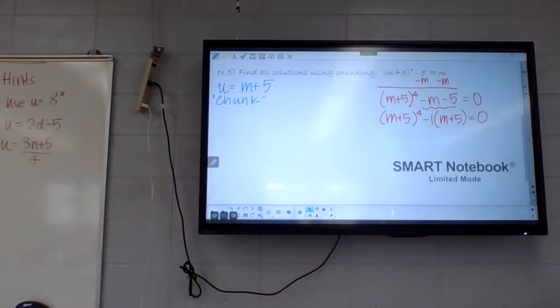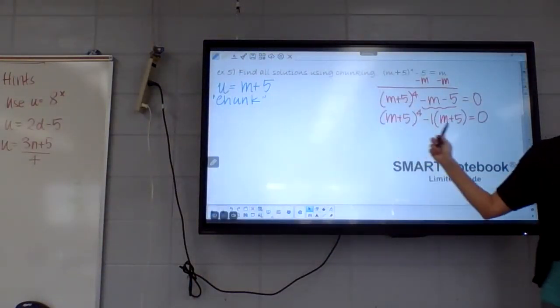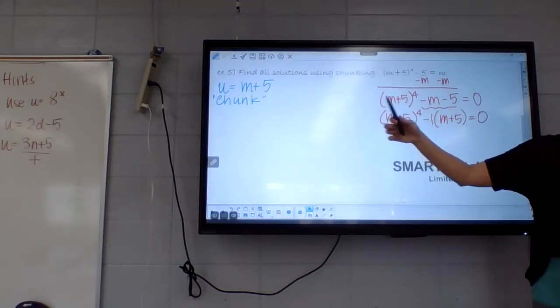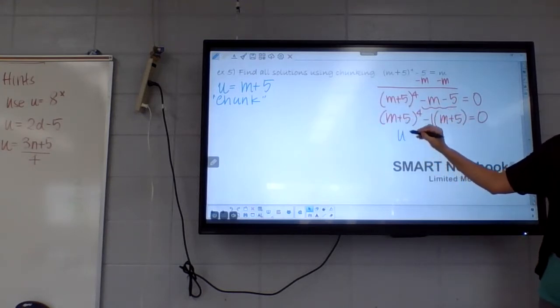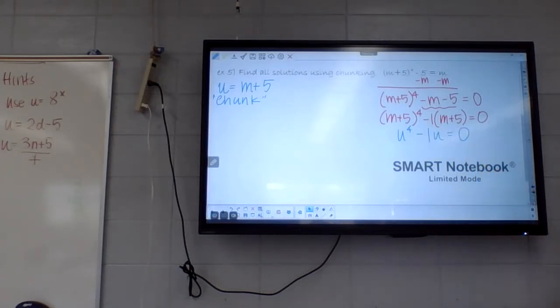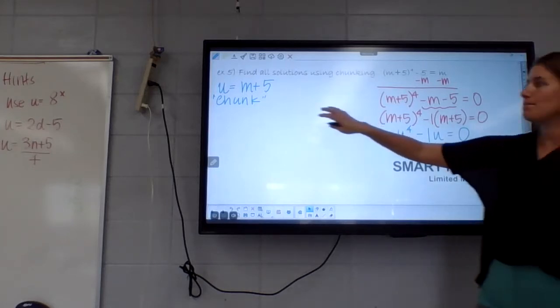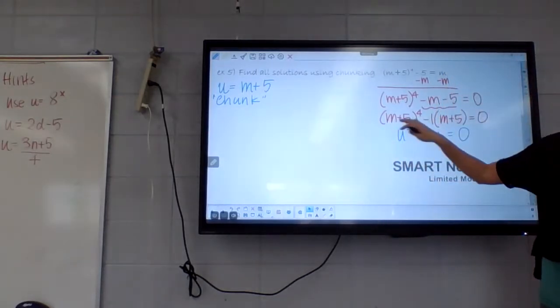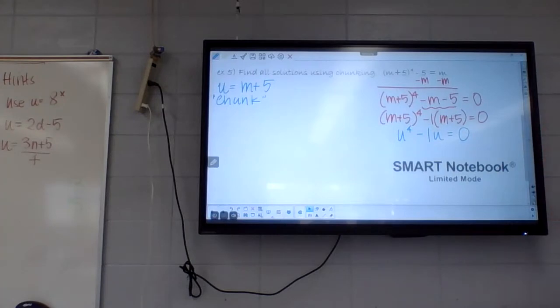What that does for us is everywhere I see an m plus 5, I'm going to put u instead. So I'm going to write this as u to the 4th minus 1u. So I'm choosing to rewrite this problem so that it's not as complicated. I'm basically replacing the thing that I see twice in here with a different variable.